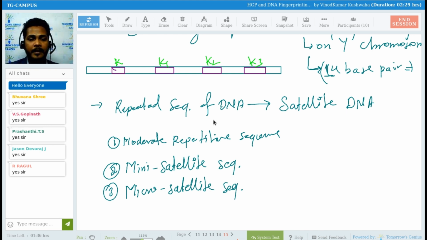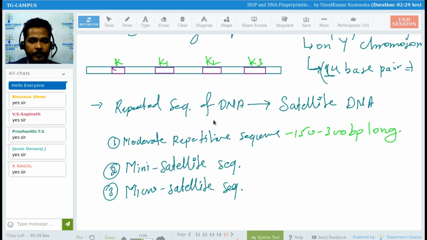Now this satellite DNA is classified into 3 types, or there are several types, but we will focus on these 3 types. The first one is called the moderate repetitive sequence, which is about 150 to 300 base pair long.